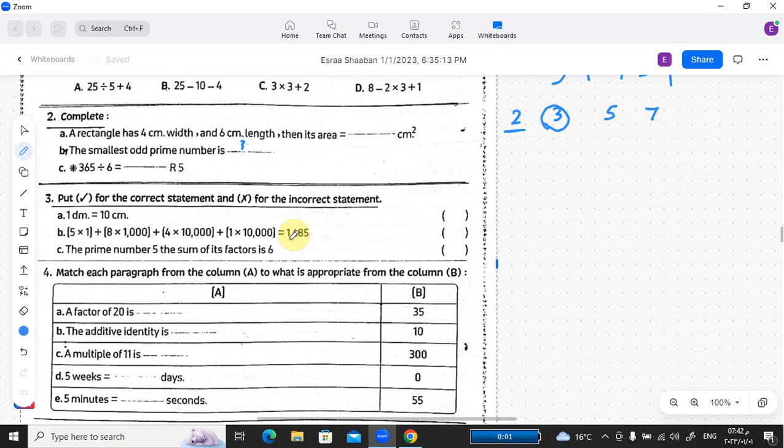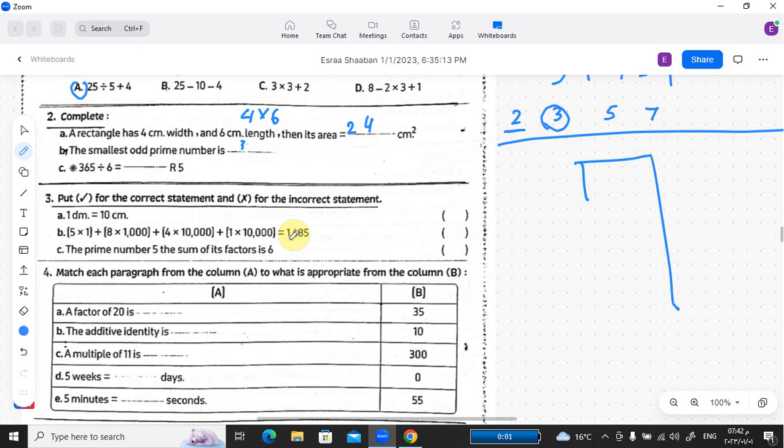365 divided by 6 equals how many and remainder 5? Okay, I need the long division here. 365 divided by 6, and write the table of 6. 6, 12, 18, 24, 30, 36, and stop. Let's divide. 3 divided by 6 doesn't work. Take 36. 36 divided by 6 is here: 1, 2, 3, 4, 5, 6.